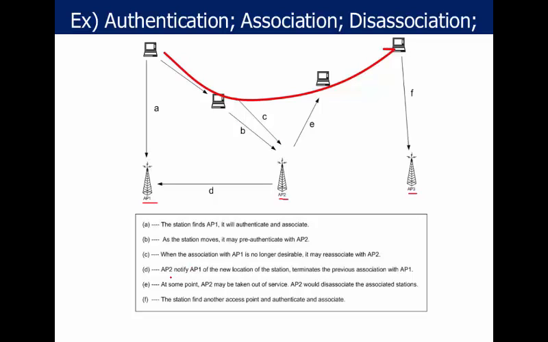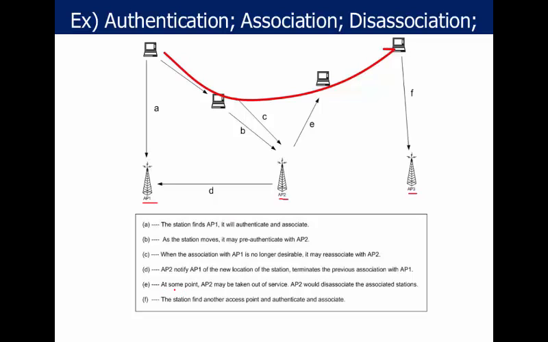And then D: access point 2 notifies access point 1, hey, terminate sending data to the station that I am currently associating. Then access point 1 is completely knocked off from this scenario.